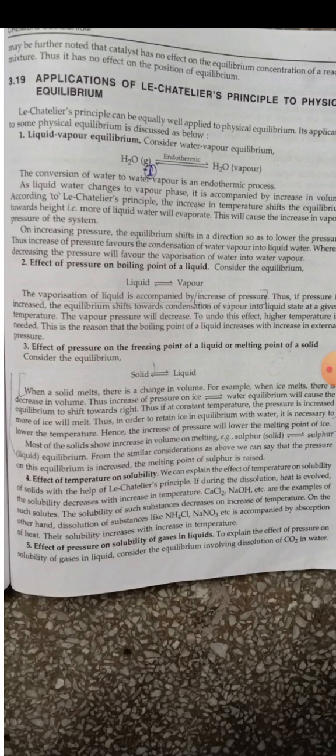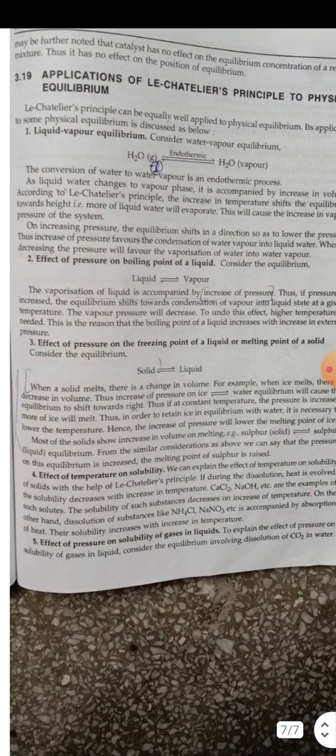We all know, taking the example of water, that when we give heat to water in the liquid state, vapors form, and vapors exert much more pressure than the water in the liquid state.